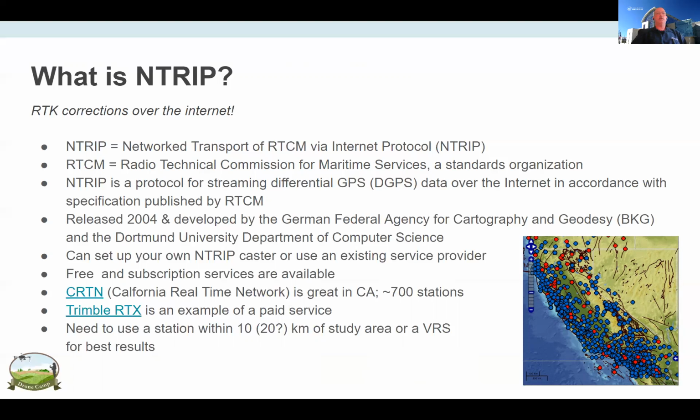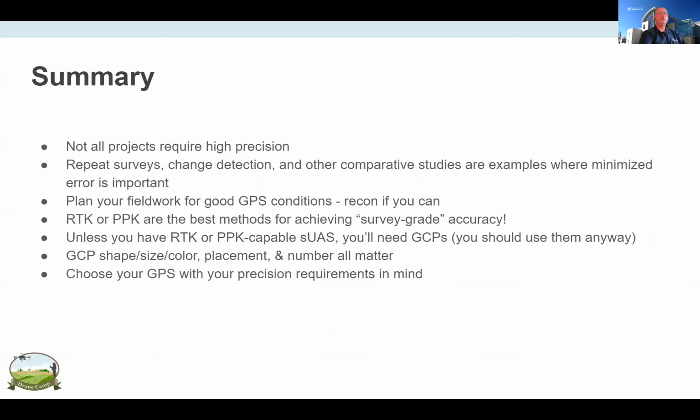If you have to, you can push that out to 20 without too much loss of accuracy. But in any event, you want your source of corrections, whether it's real time or post-processed, to be as near to your study area and your actually sampled data as possible. Trimble RTX is another service that does post-processing, but it costs money.